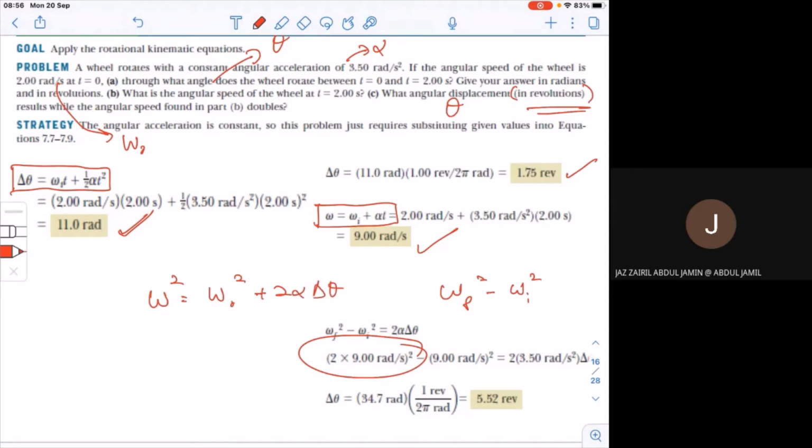So in the end, the answer for delta theta is 34.7 radian, and converted to revolutions you will get 5.52 revolutions.